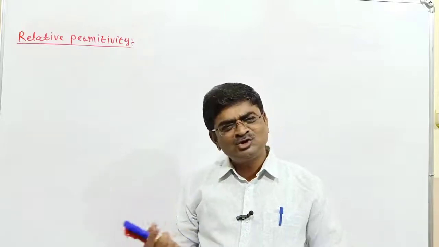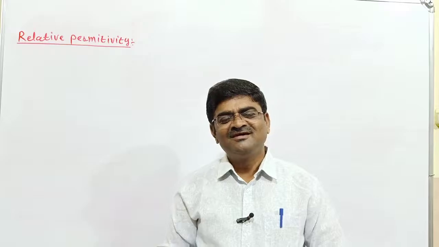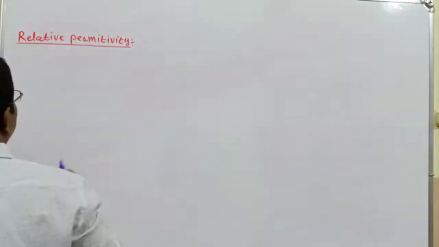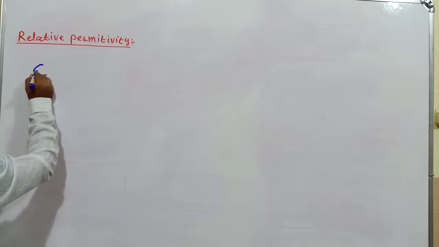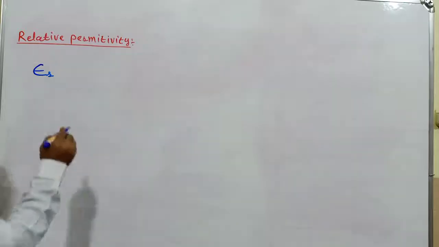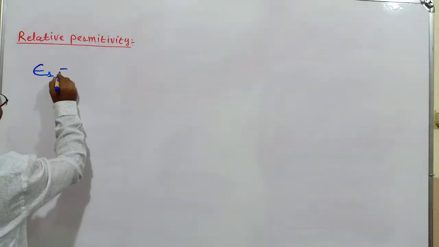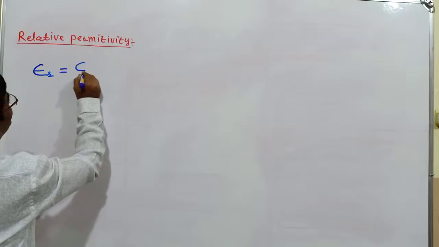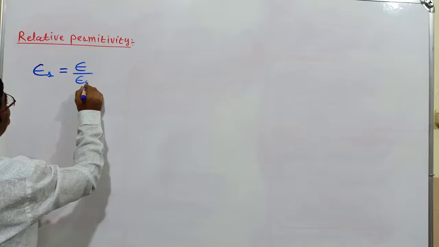And doing so, we call it relative permittivity, which can be calculated. Relative permittivity of any media can be calculated. I represent it as epsilon R for relative. Relative permittivity of the given media, I can write as permittivity of that media to that of absolute permittivity.